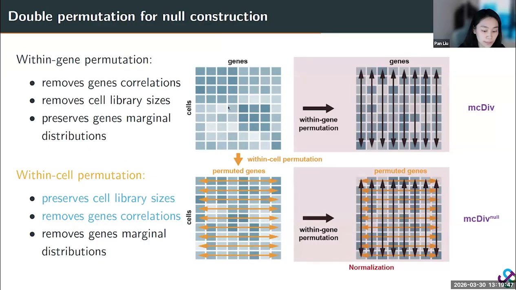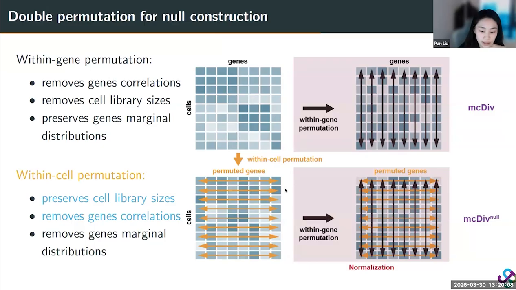This is because simply permuting within each gene won't be enough in our case, because it would break the cell library sizes, which are the row sums here. So instead, we permute within each cell to preserve these cell library sizes while still removing the feature correlations.